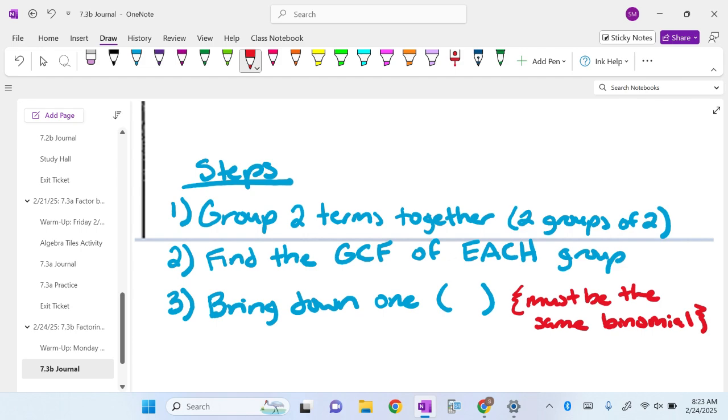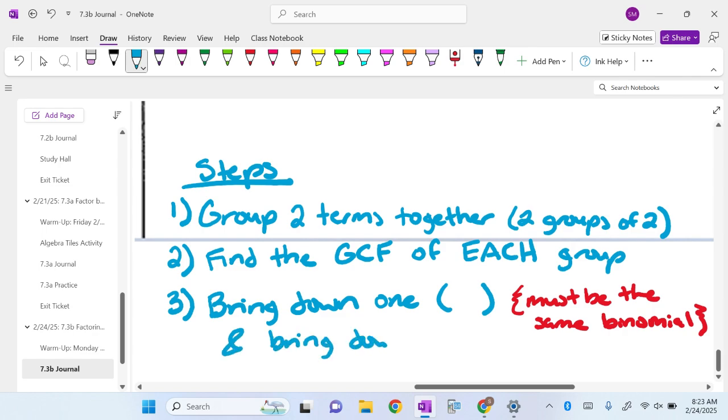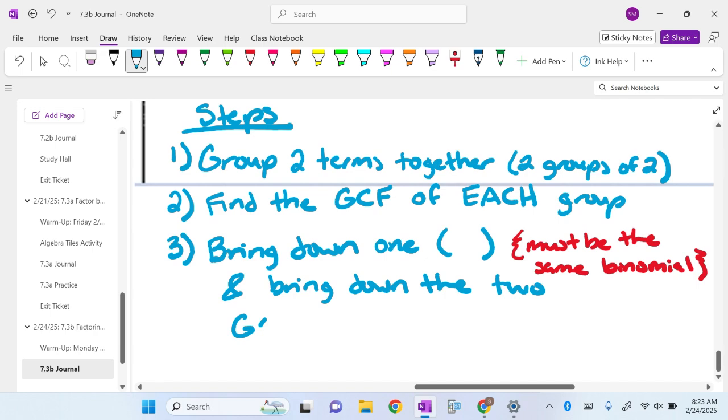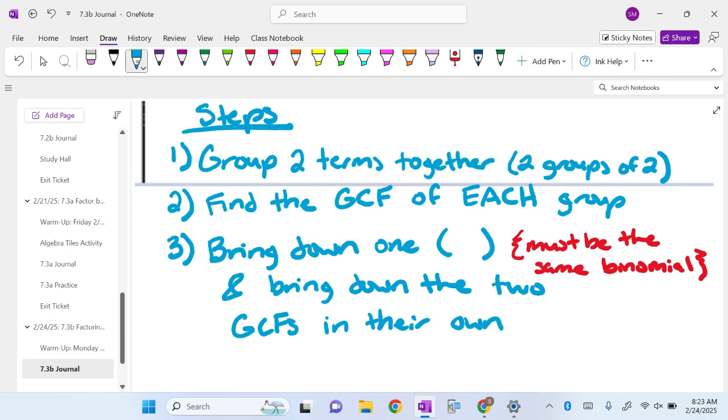If not, you did something wrong. That's like a check method with GCF. And then bring down the two GCFs in their own bubble. Sometimes I call those sets of parentheses bubbles. So if you hear me say bubble, that's what I mean.